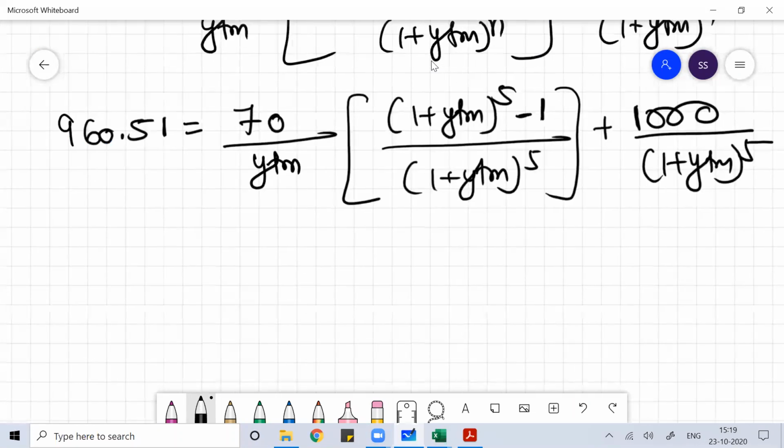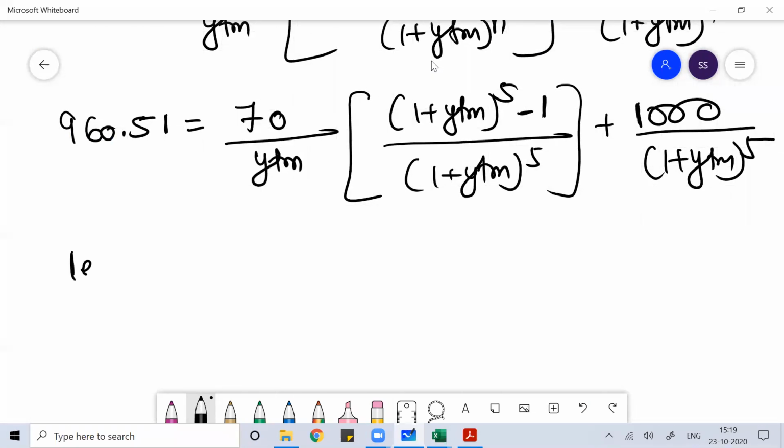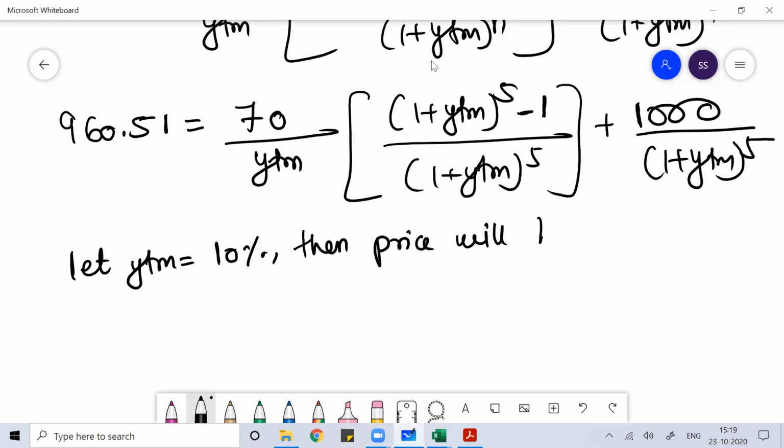I don't know the value of YTM, we don't know anything, so we have to use the trial method. Let YTM be equal to 10%. Then what is the price?